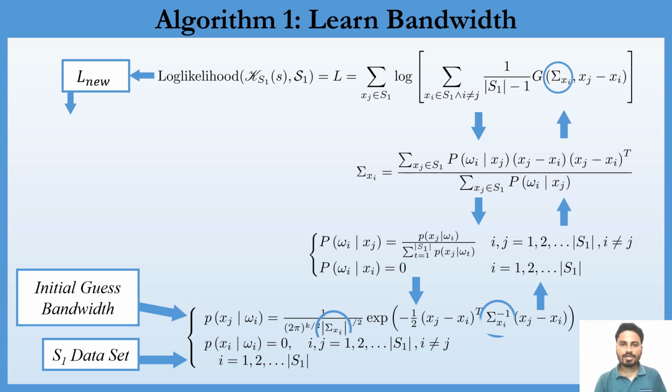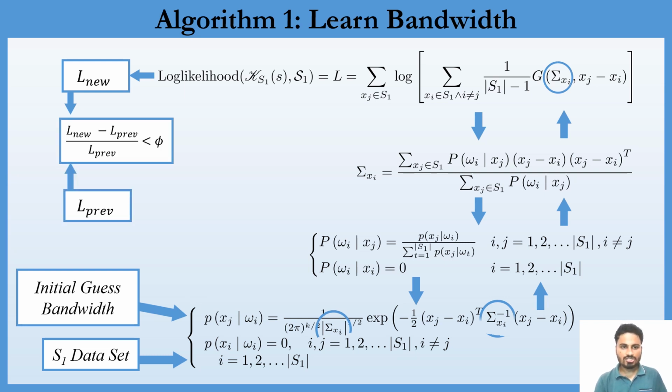Aside from this, we are already carrying the previous value from the previous iteration. That is the L previous value. If the percentage change or fractional change of this log likelihood value is below a certain threshold value, then we break out of the loop. Then if we break out of the loop, we already have the optimum bandwidth with us.